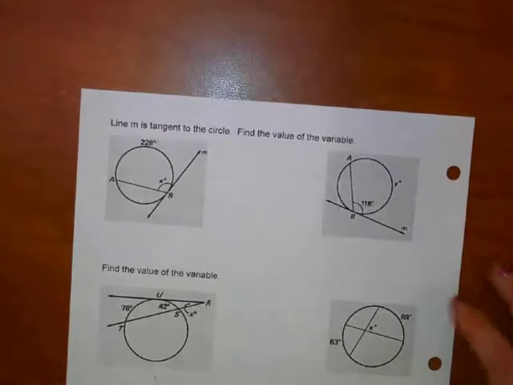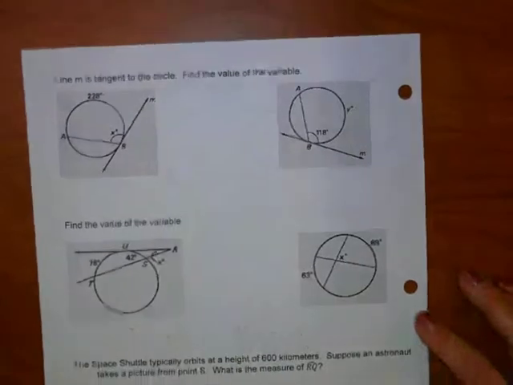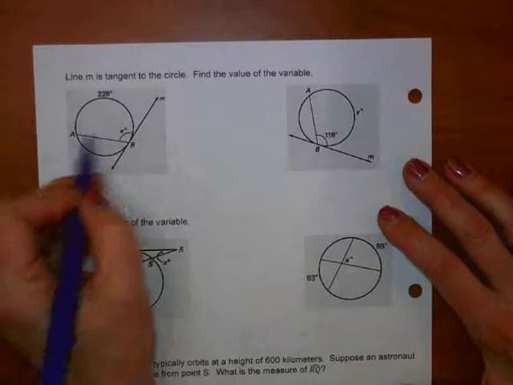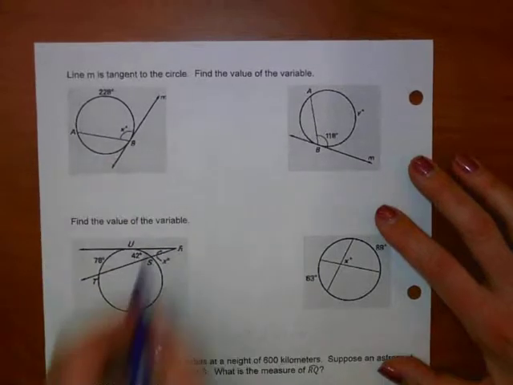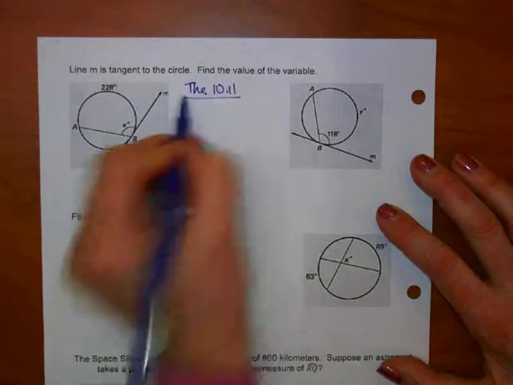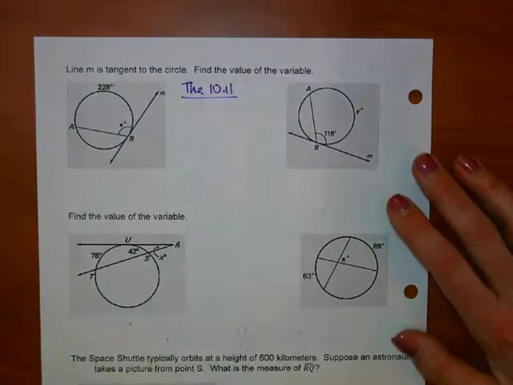Let's just practice some of these ideas. Line M is tangent to the circle. Find the value of the variable. Okay, well, it's really the same idea as the inscribed angle. This is from Theorem 10.11 on the other side. Theorem 10.11.